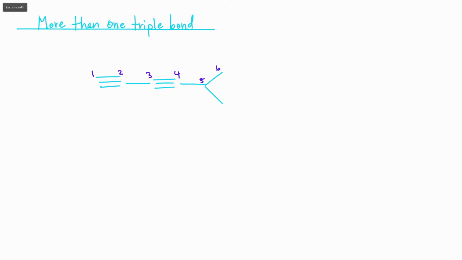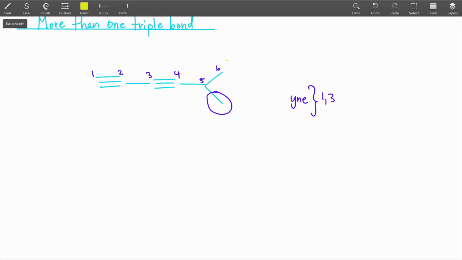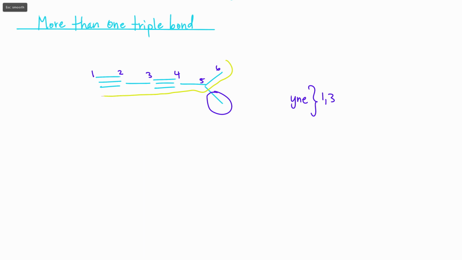Okay, so we have a yne on carbon 1 and carbon 3, and we have this group that's not in the longest chain. Let me circle your longest chain in yellow. This is your parent chain here. Okay, so we have a methyl on 5.